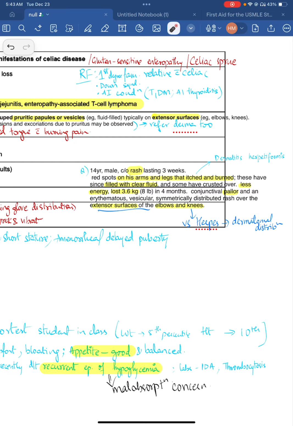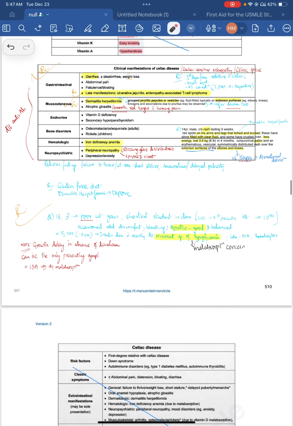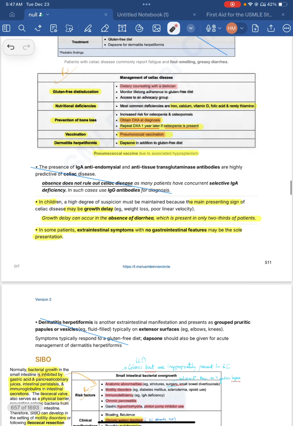So what's the difference between dermatitis herpetiformis and herpes infection is herpes has dermatomal distribution, whereas dermatitis herpetiformis is present on the extensor surfaces. Another important thing you have to remember that in children, the main presenting sign of celiac disease may be growth delay.